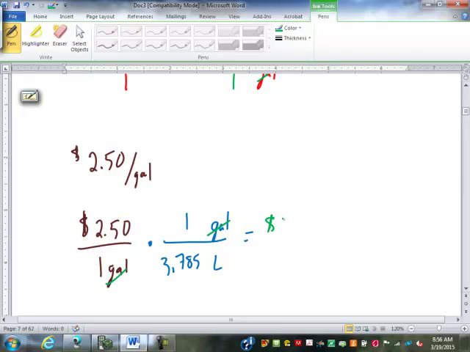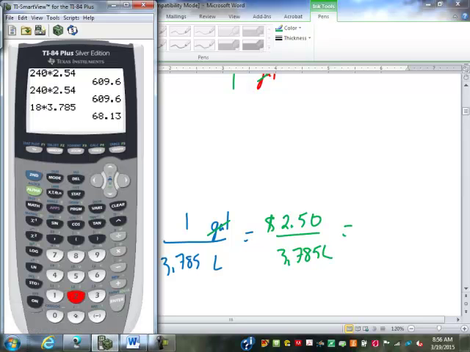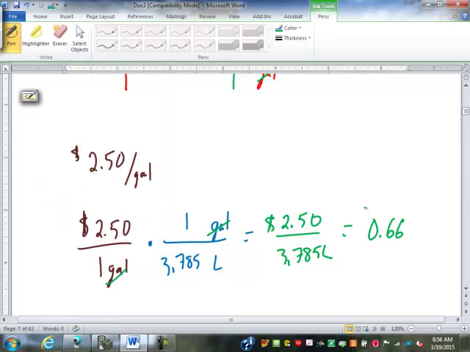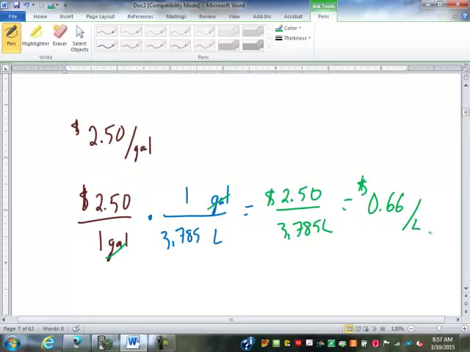We got $2.50 per 3.785 liters. We got to divide that out. 250 divided by 3.785 gives us 66 cents per liter. They'd probably do like $1 a liter or something. That's a sneaky way of putting in a price increase. Or make it like 98 cents a liter to make it look like, oh my God, it's under $1.